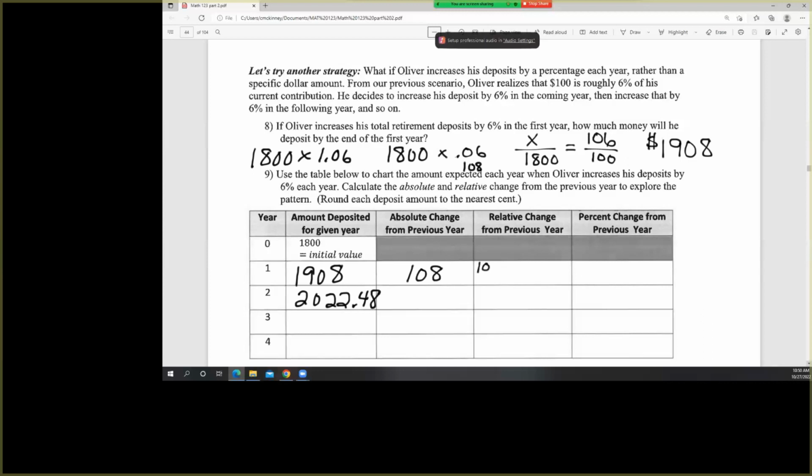Now I could do this 108 divided by 1,800. It certainly better come out to be 0.06. So go ahead and finish out the table.